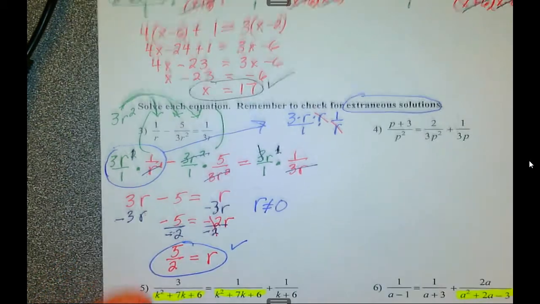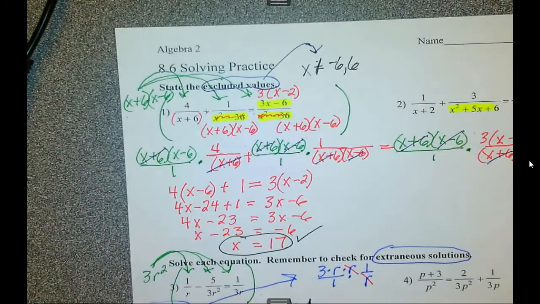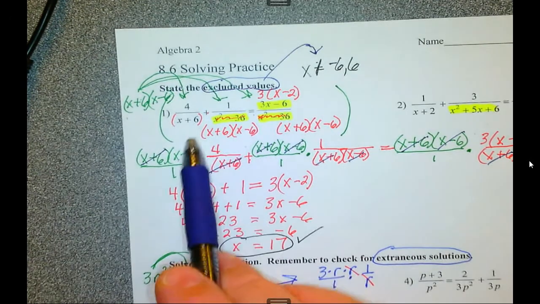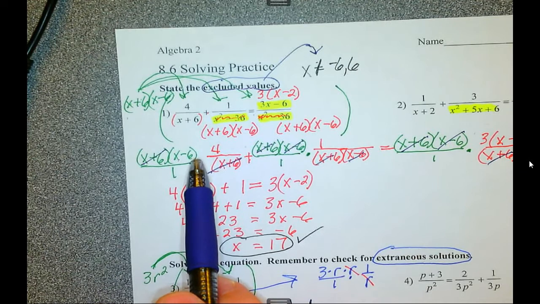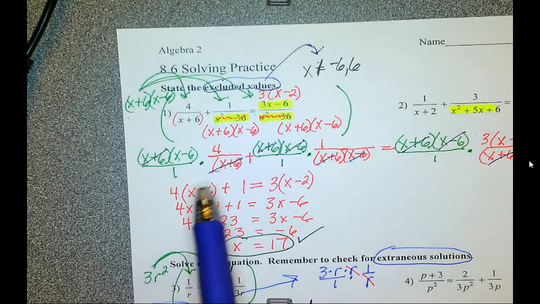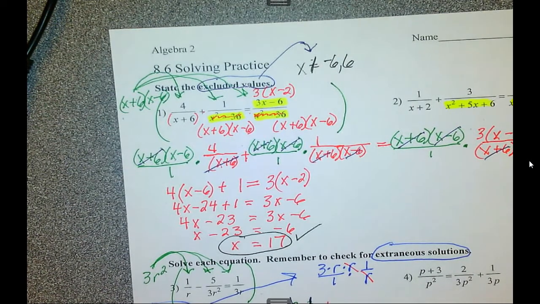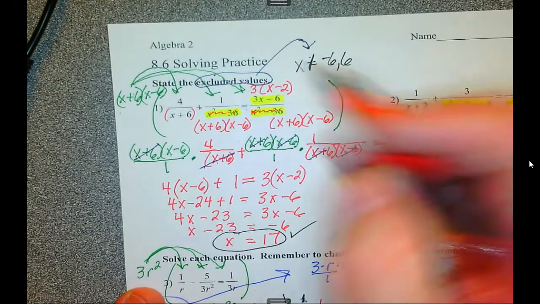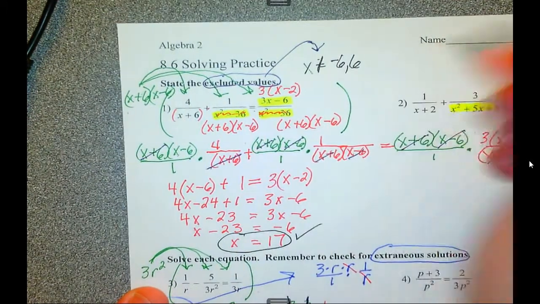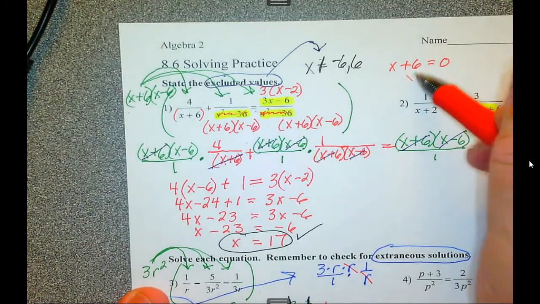Well, the question is state the excluded values. X is -6 and 6. Remember, in a fraction, I cannot have 0 in the denominator. So, what would make each one of these fractions have a 0 in the denominator? Well, the first one, x plus 6, if I set that equal to 0 and solve for x equals -6.